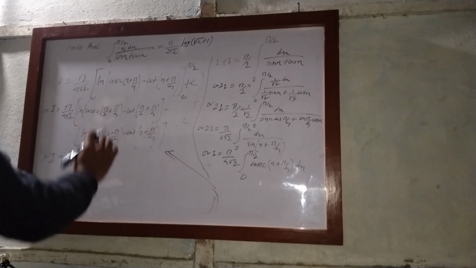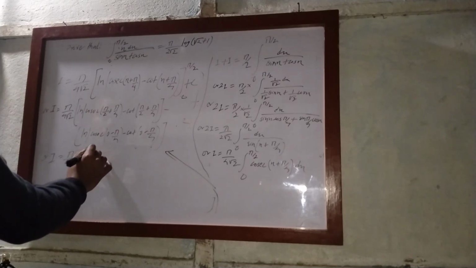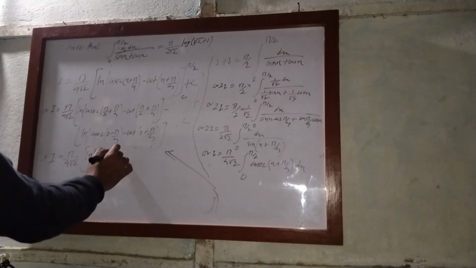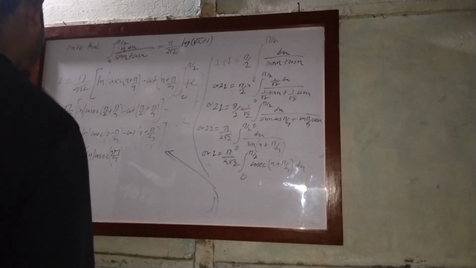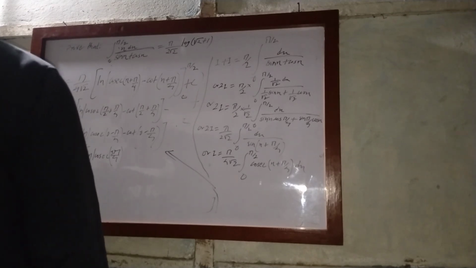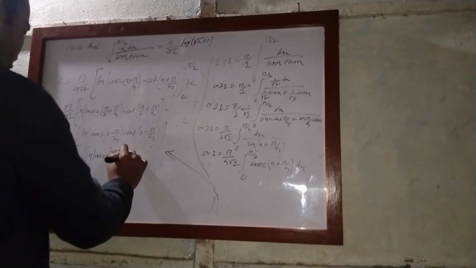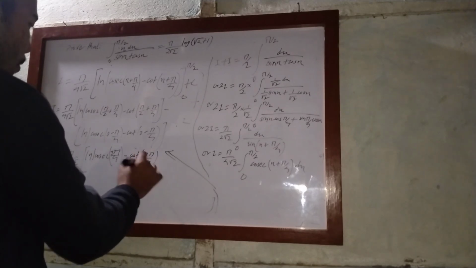Now I is equal to pi by 4 root 2. Now this 2 is 4. Let's go to 2. We get what? ln cosec 3 pi by 4, and next is minus cot, this is also 3 pi by 4.